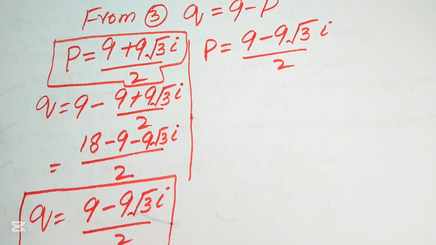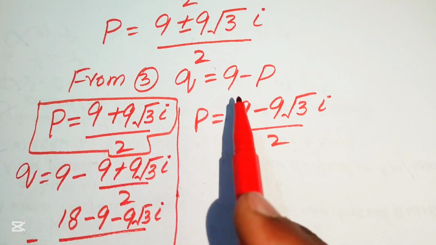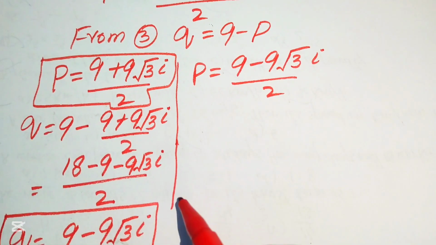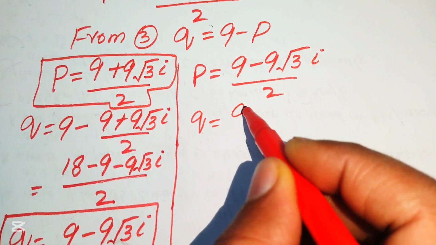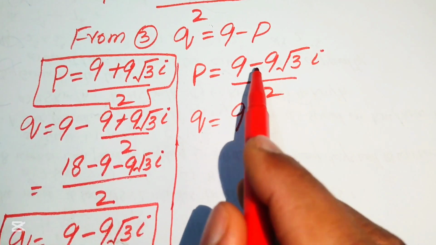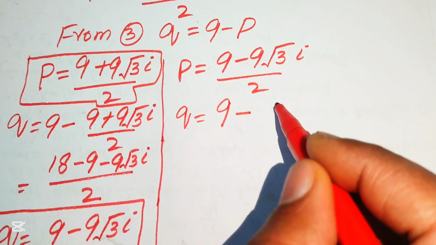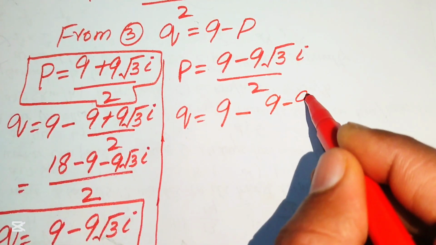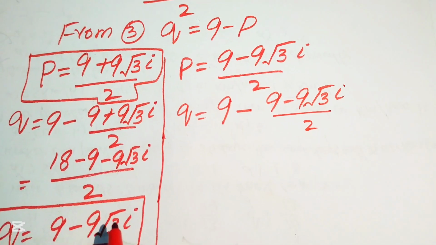Now we move towards our second case. We substitute this value of p here and find the corresponding value of q. So we have q = 9 − p, which is 9 minus the value of p. We put this value here, so it is written as 9 − (9 − 9√3 i)/2.